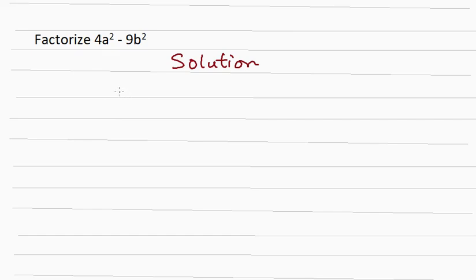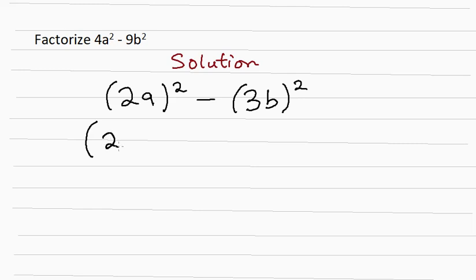We're going to express this as (2a) all square minus (3b) all square, which of course gives us 2a plus 3b. Then another bracket opens, 2a minus 3b. As simple as that.